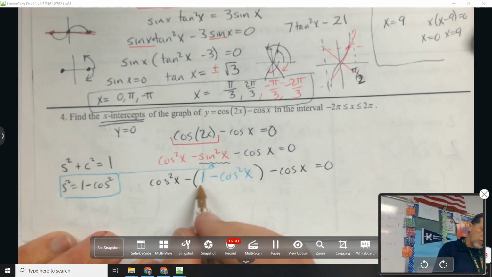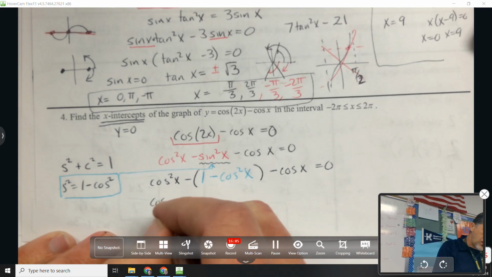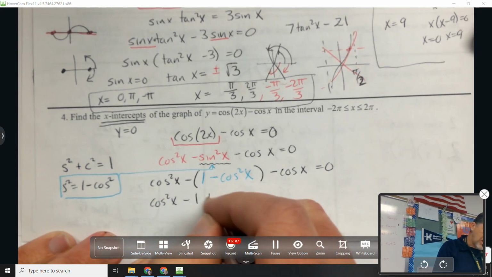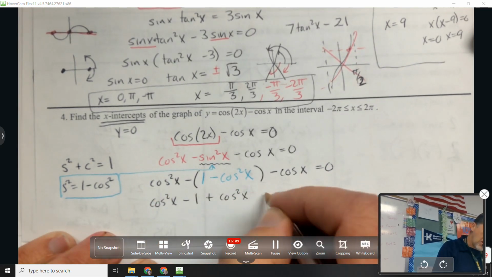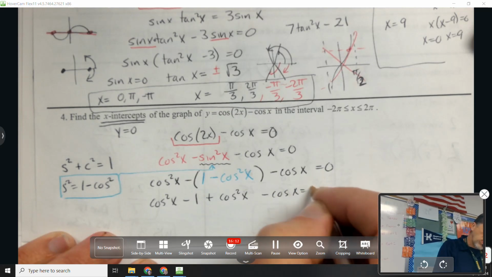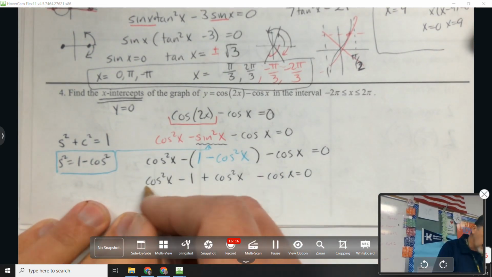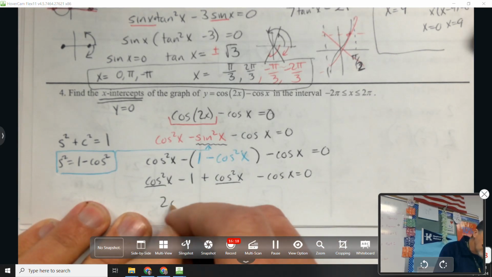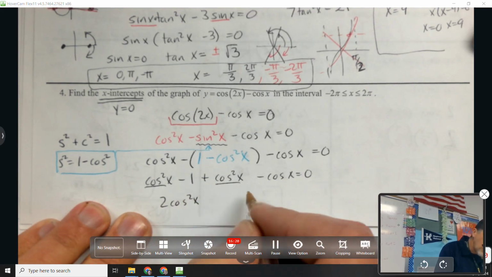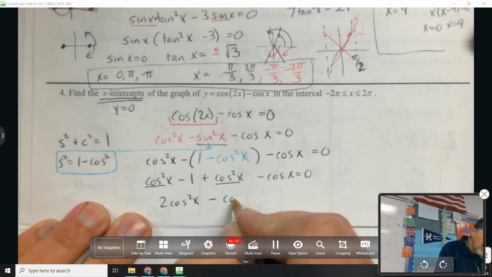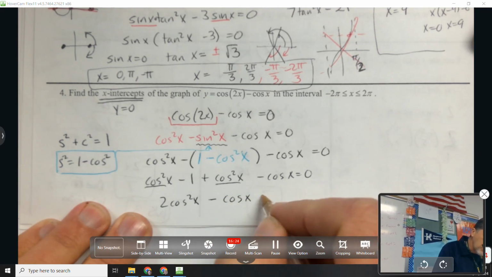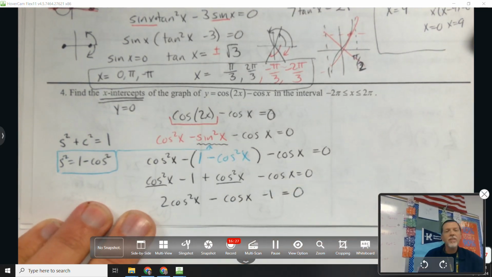Let's distribute the minus sign. Let's see. Oh, we have a like term here. So 2 cosine squared x, and then I'm going to rearrange them in descending powers of cosine, I guess is the way to phrase that.